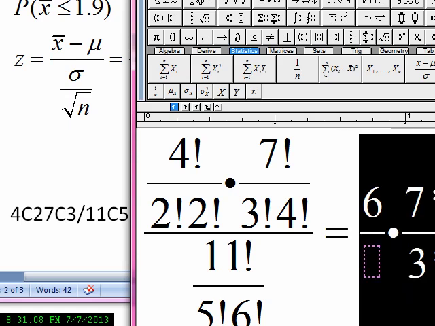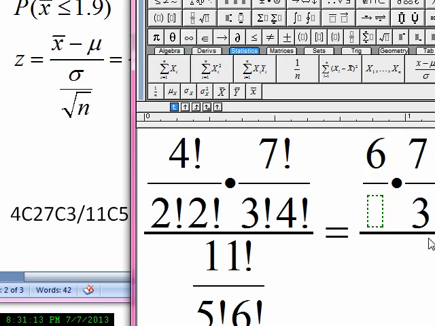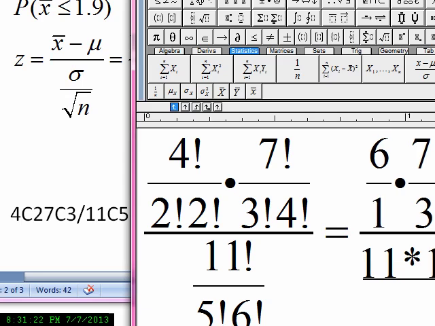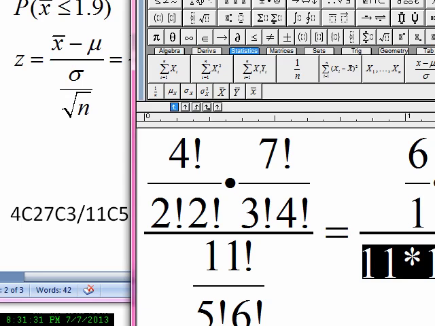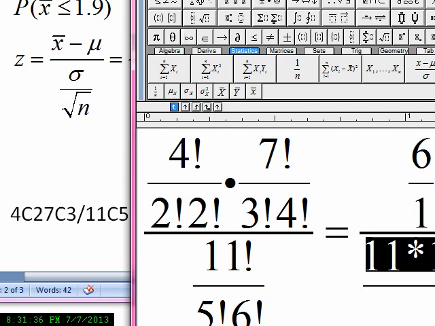All right, all of this divided by 11 times 10 times 9 times 8 times 7, and the 6 factorial will go away, and then I'll have the 5 factorial marched out on the bottom here: 5 times 4 times 3 times 2 times 1.